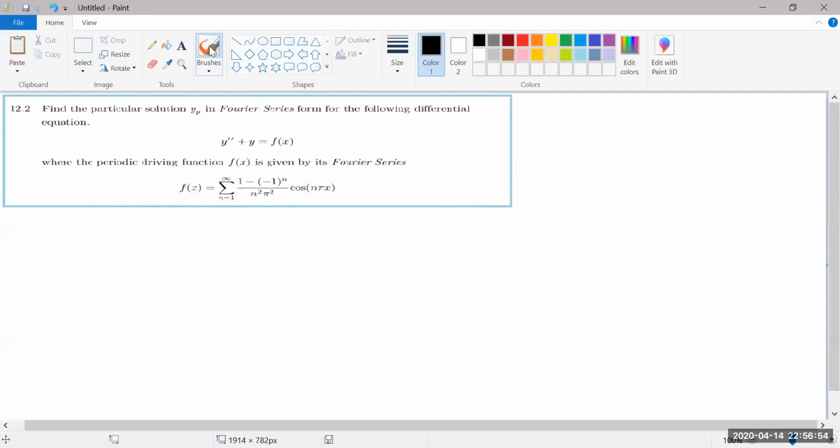Okay, so I'm first going to start out by writing our y_p. So this is the general format of what we assume the particular solution of a Fourier series type problem looks like.